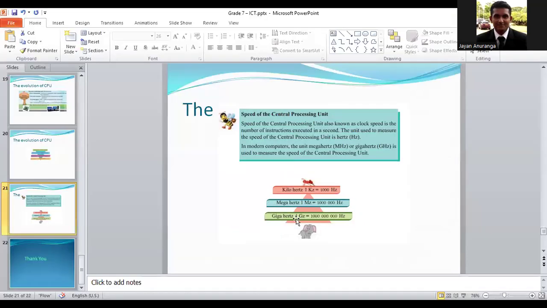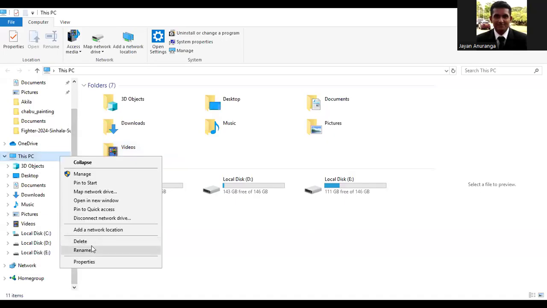If I display my computer, I click here, then properties.